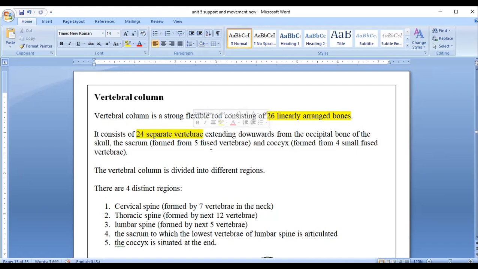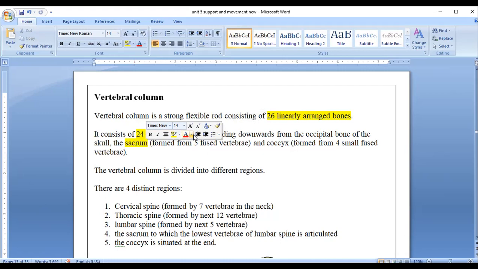How many separate vertebrae? 24. There is a single bone called the sacrum. This sacrum bone is actually a combination of 5 vertebrae, but you can see the 5, but you can't separate the 5. Understood?